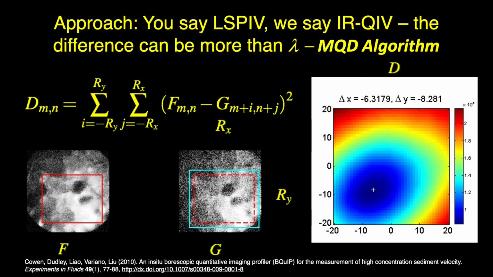So we choose to use a mean quadratic difference algorithm because those are able to capture and track patterns that are both dark and light simultaneously, as opposed to the more traditional PIV approach of using fast Fourier transform based correlation techniques. Here we use a fast Fourier transform based MQD technique. I'm showing two images of sediment from an earlier publication to characterize this feature. You see both dark patterns and bright patterns that carry information that we want to track.